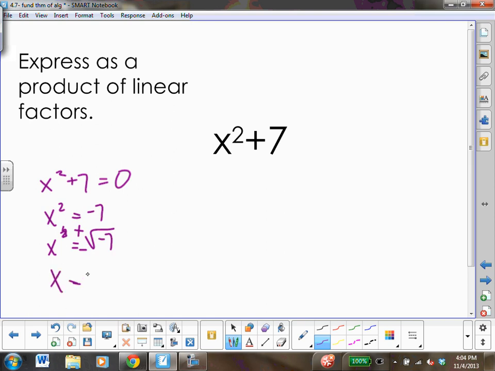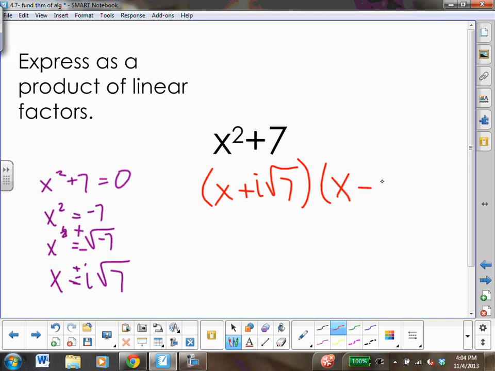So x equals i times the square root of 7, and it's plus or minus i. So I could express this as x plus i times the square root of 7 and x minus i times the square root of 7.